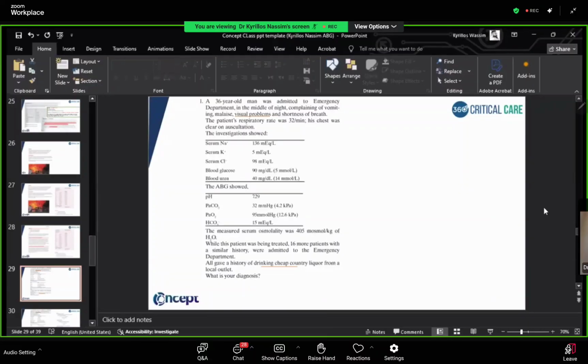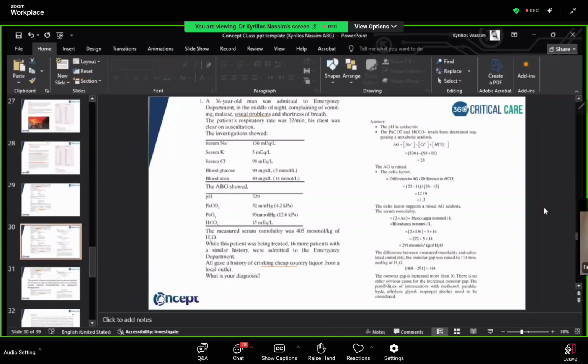I think we all have the diagnosis, which is always related to alcohol. But how can we answer this question? I give this question to show the approach, how to answer it. The pH here is low and the CO2 is low, so it is a metabolic disorder.